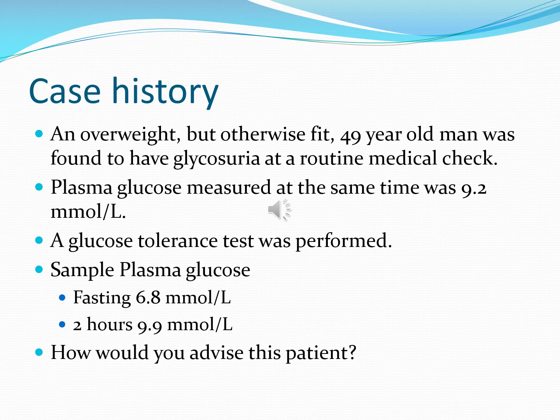So they did a glucose tolerance test, and the fasting was 6.8 and the 2 hour was 9.9. So how would you interpret these results, and how would you advise the patient? Have a think.